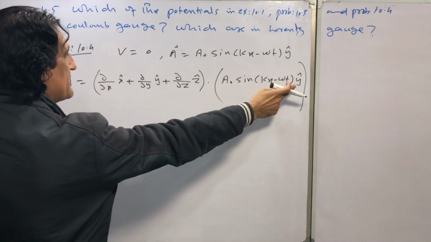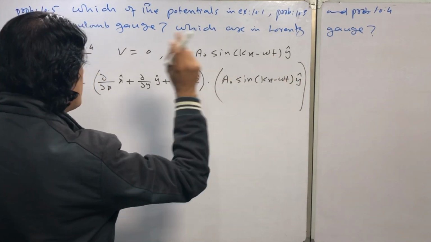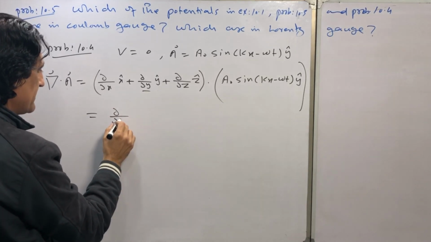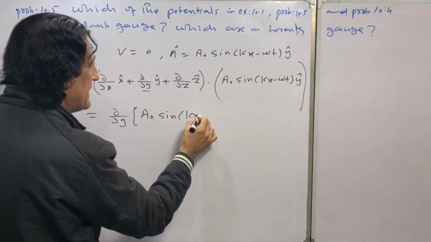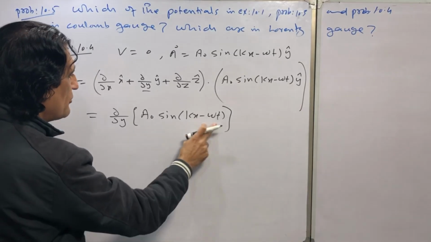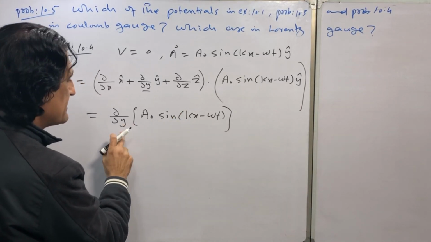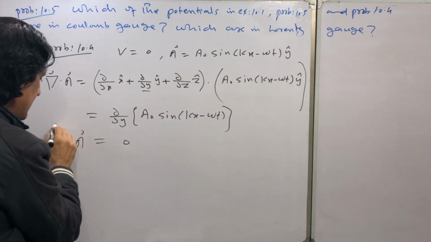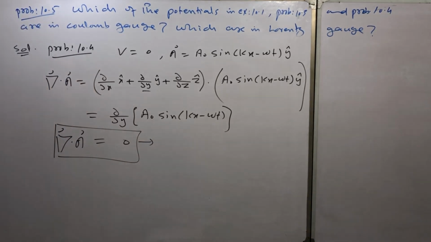So x dot y is 0, y dot y is 1 and z dot y is 0. So we have only this term, partial divided by partial y of A naught sine of (kx minus omega t). And here there is no y dependence, so this is constant with respect to y. So it is equal to 0. The divergence of A is equal to 0, which means that the Coulomb gauge is satisfied for these potentials.